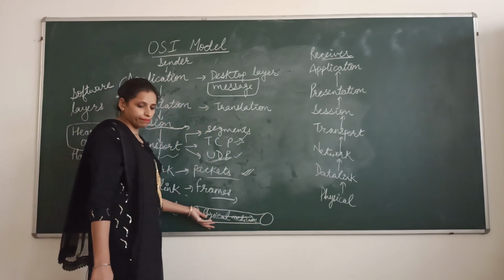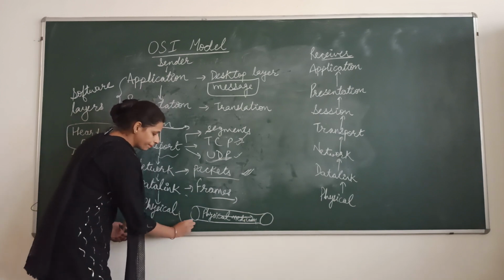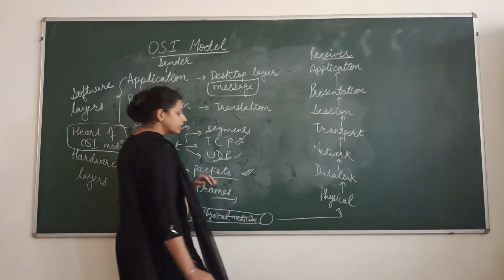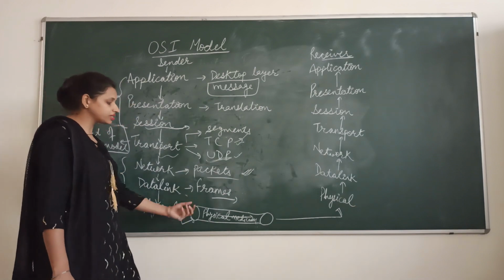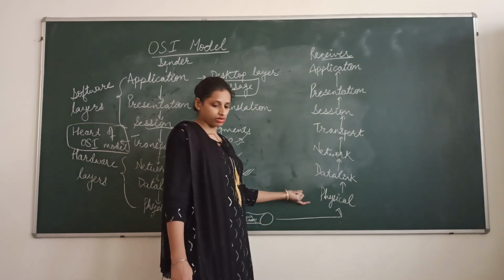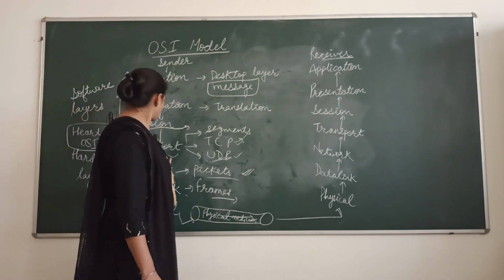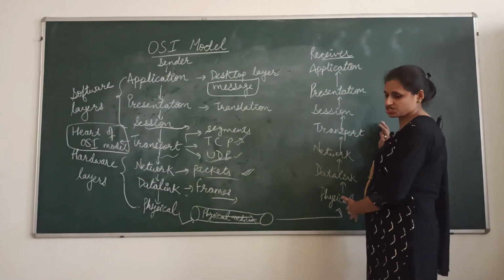It can be any cable or medium through which the data is passed. Physical layer of this sender, the data is passed through this physical medium to the physical layer of the receiver. And in this, the same process is repeated for the receiver section.